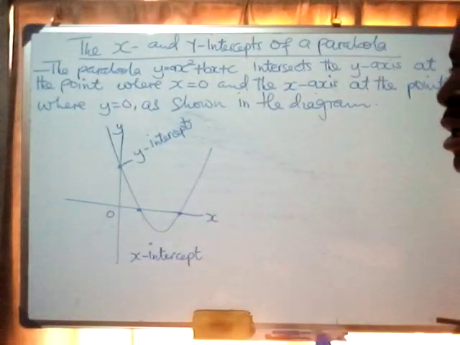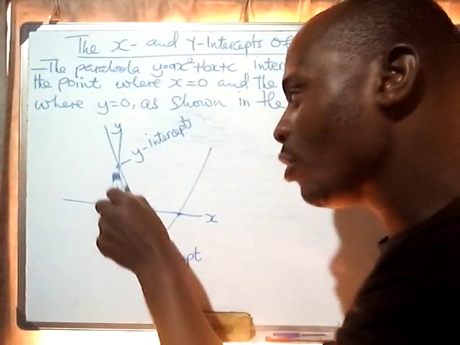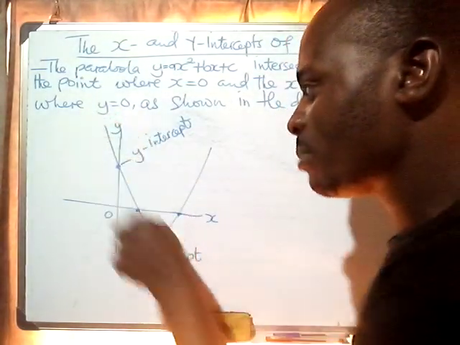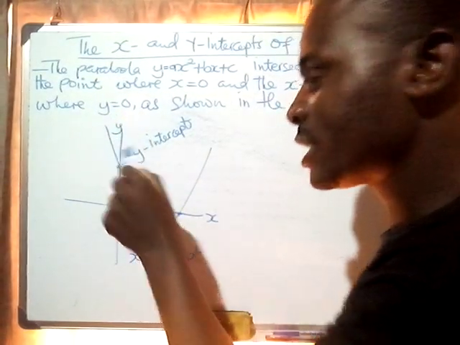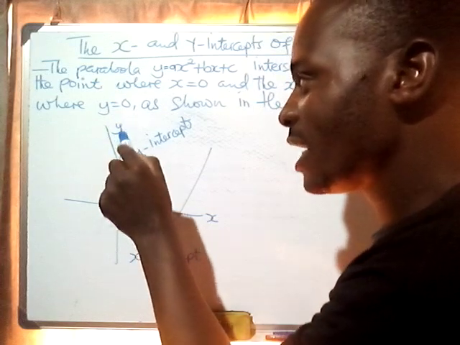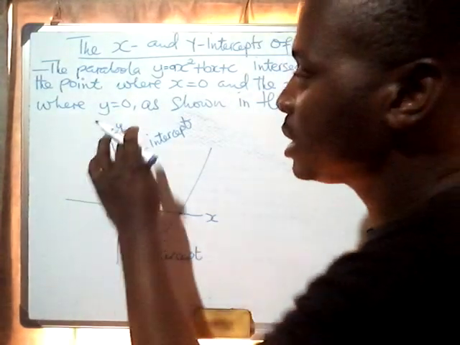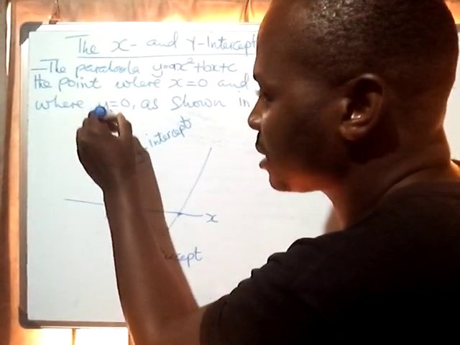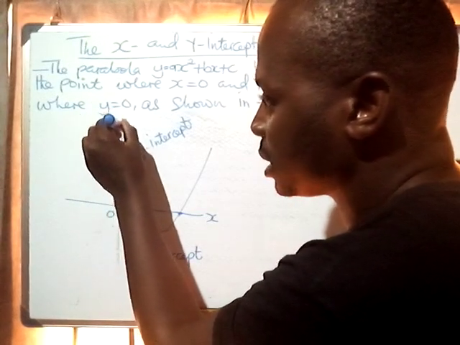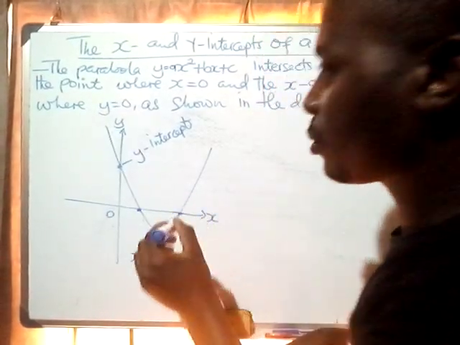What does it mean? This means that at the point where this parabola intersects the y-axis, the value of x at that point is equal to 0.